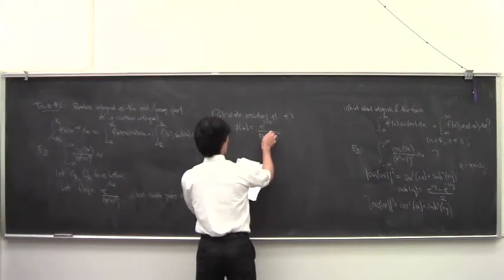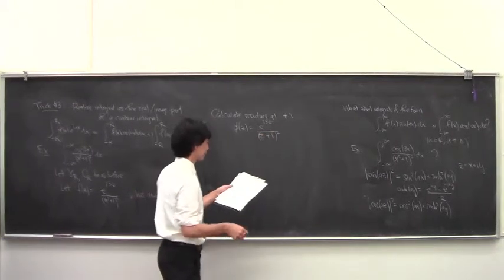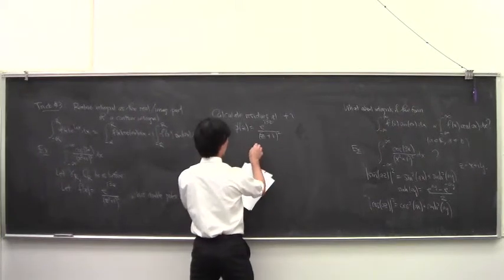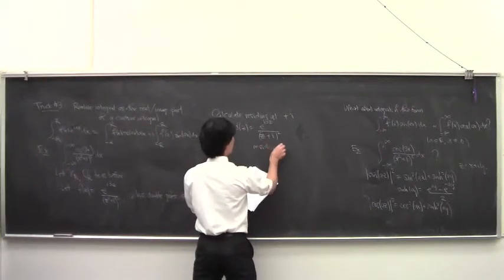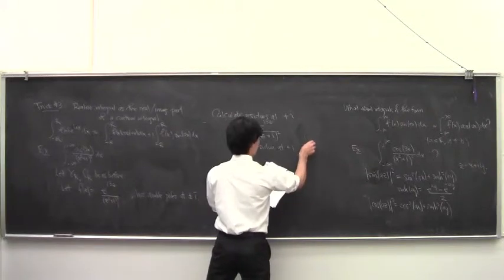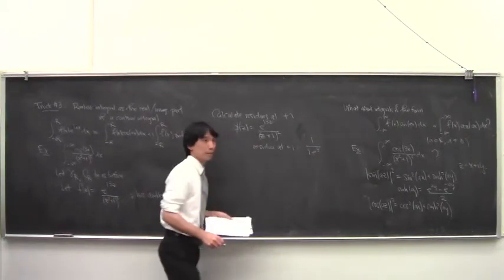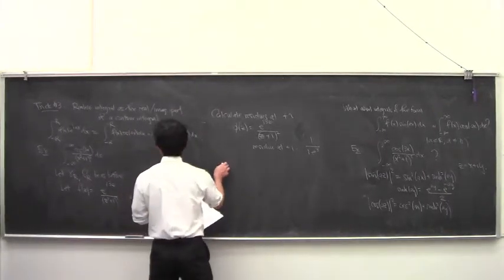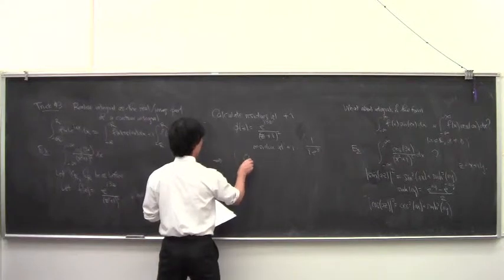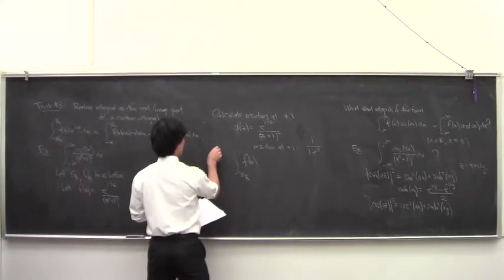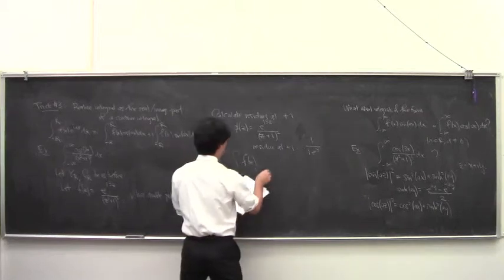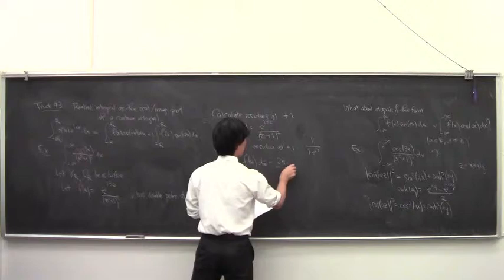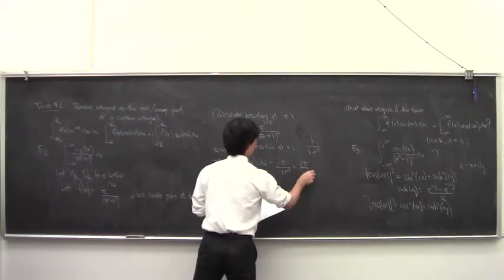And you work it out, you get that the residue at plus i turns out to be 1 over i cubed. And so what you get is that the integral of f over gamma r, as long as r is bigger than 1, is going to be 2 pi i times that. In other words, 2 pi over e cubed.